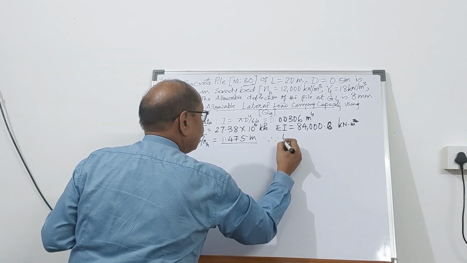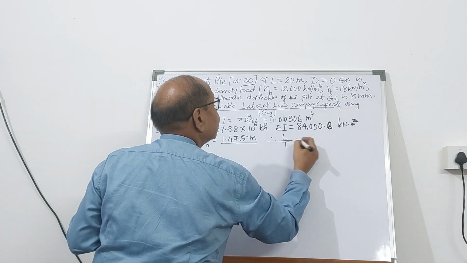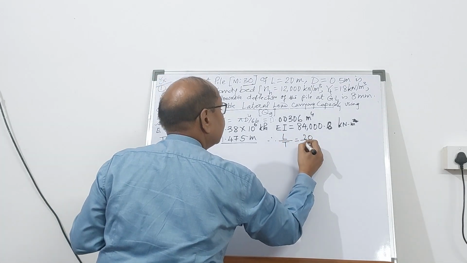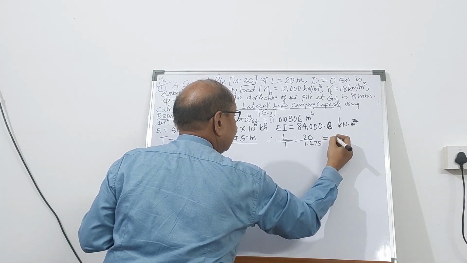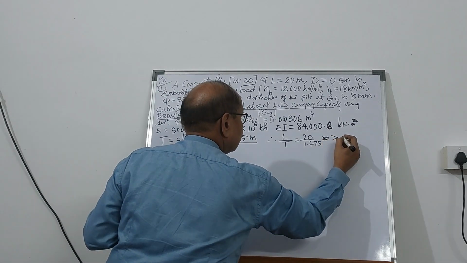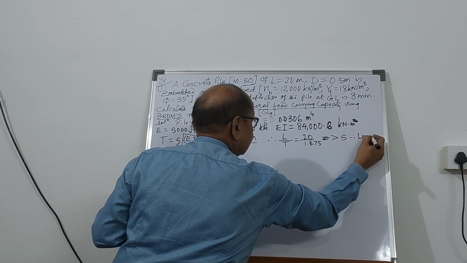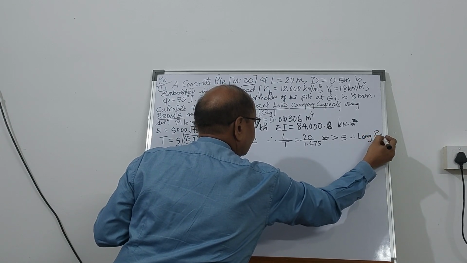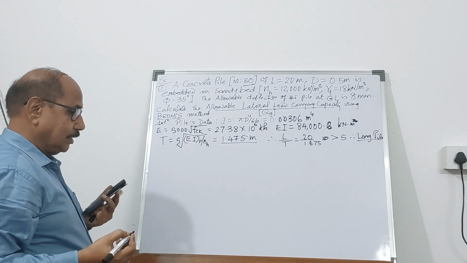Therefore, you can calculate L by T, and L is 20 meter divided by 1.475. So L by T, a non-dimensional quantity, is greater than 5, and therefore it is a long pile. So the chart for long pile, you should use.